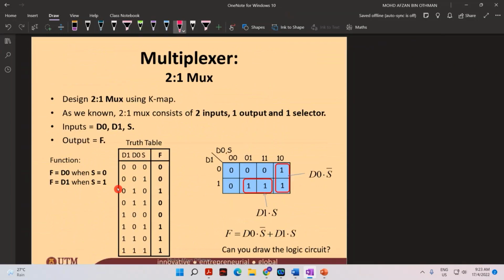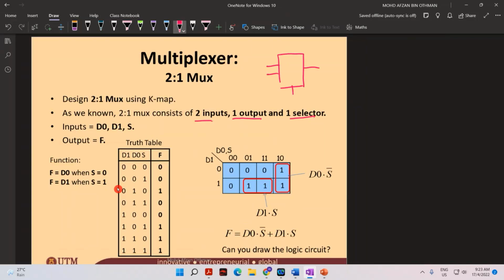As we know, 2:1 mux consists of 2 inputs, 1 output, and 1 selector.